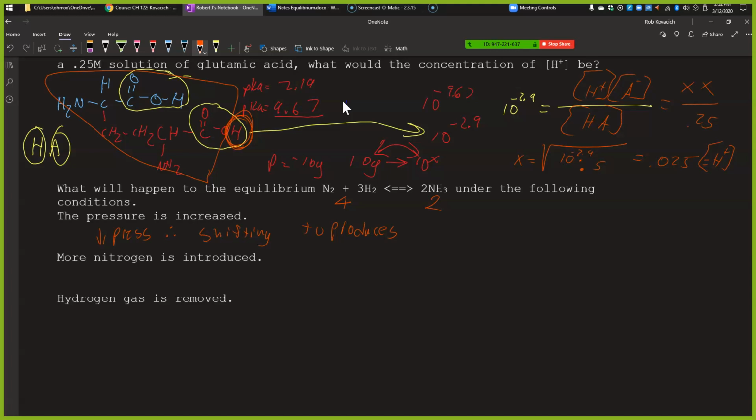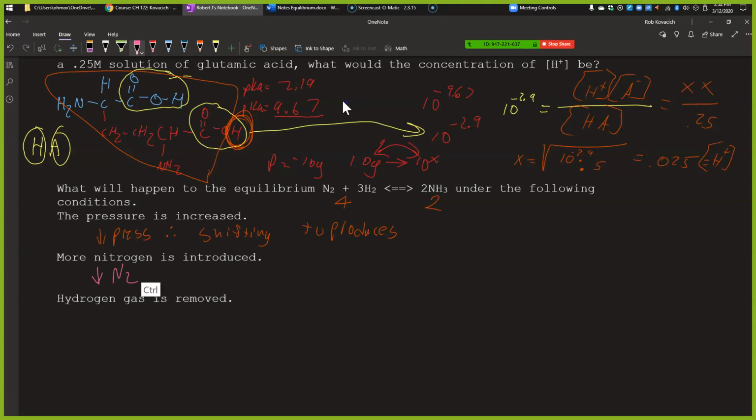Okay, so my next stress here is nitrogen is introduced to this reaction. So what's the reaction going to do? Take away N2. So the pressure is going to go down. So I'm going to reduce the amount of N2.